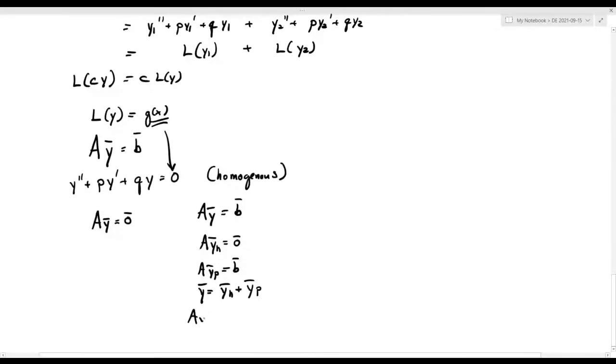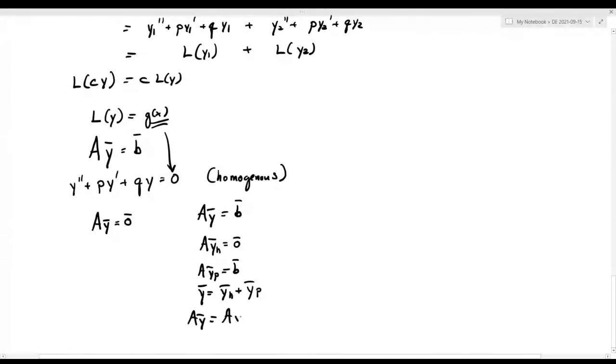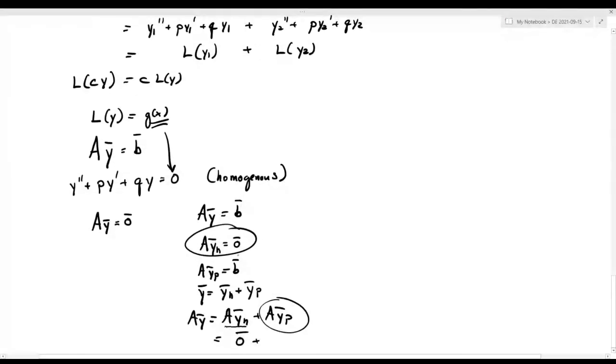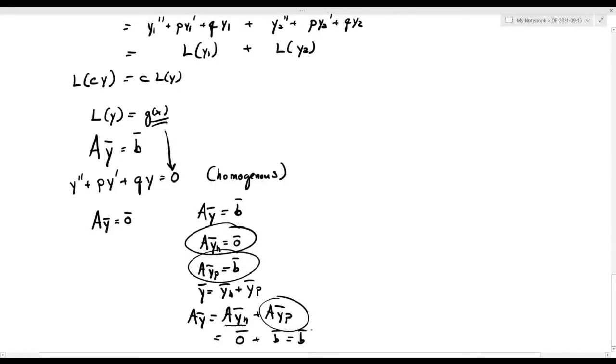This works because matrix multiplication is linear: A times y sub h satisfies this equation, so that would be 0, and the particular solution satisfies the original, so that's b.